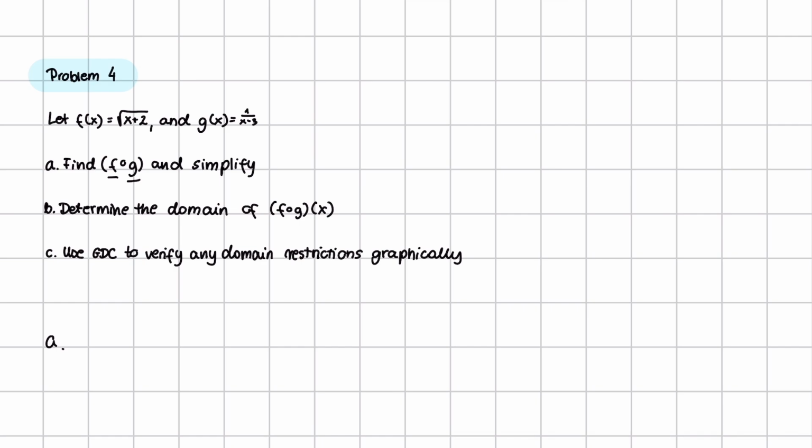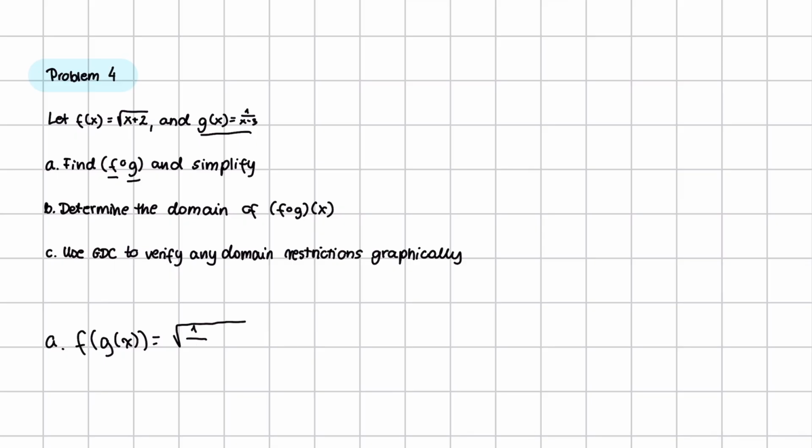So our function works like this. We have f, and in bracket we have g, and then we have x. So our function g is like x. So to our function f, so x plus 2, we substitute g as x, so the whole fraction.